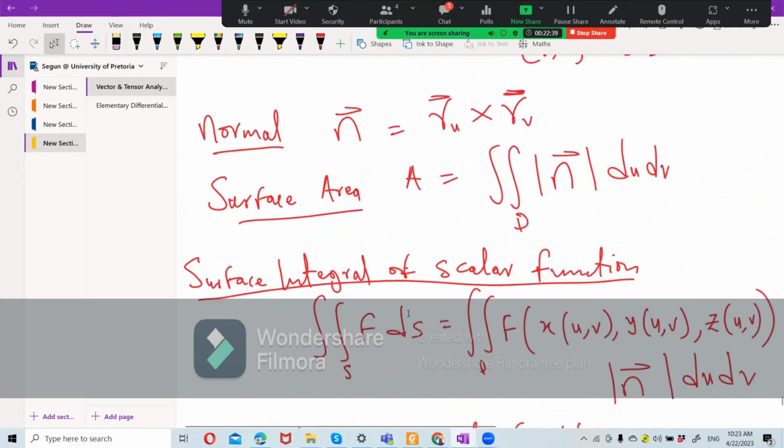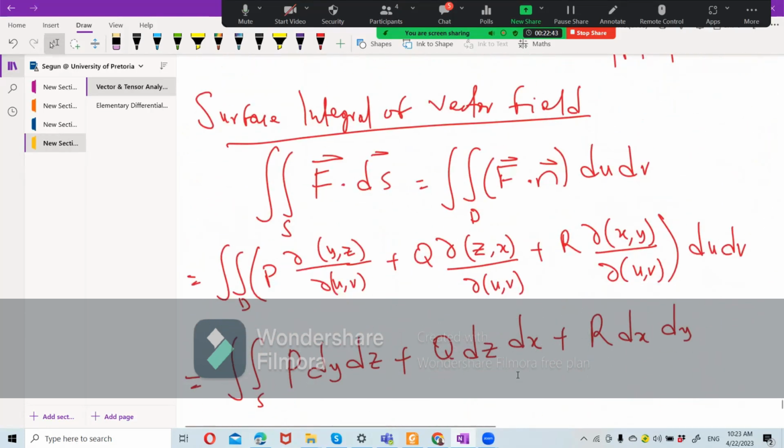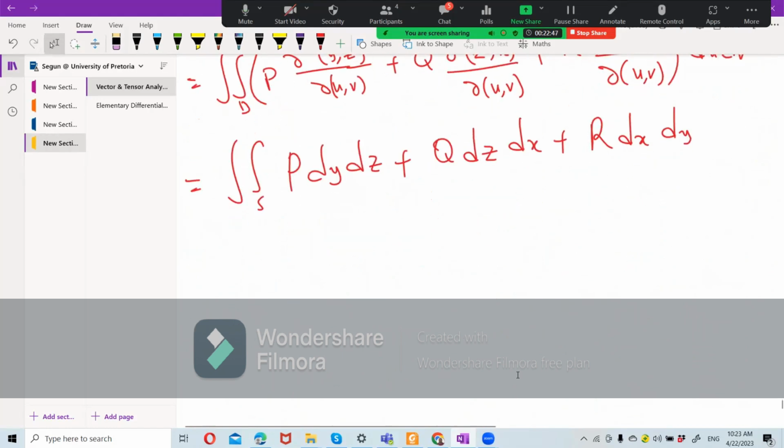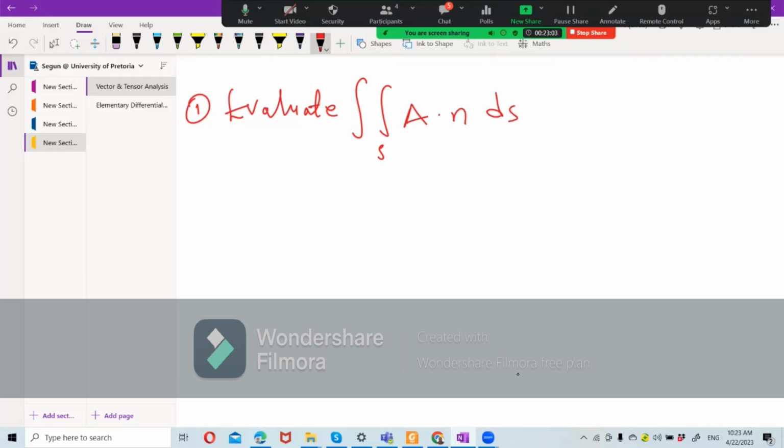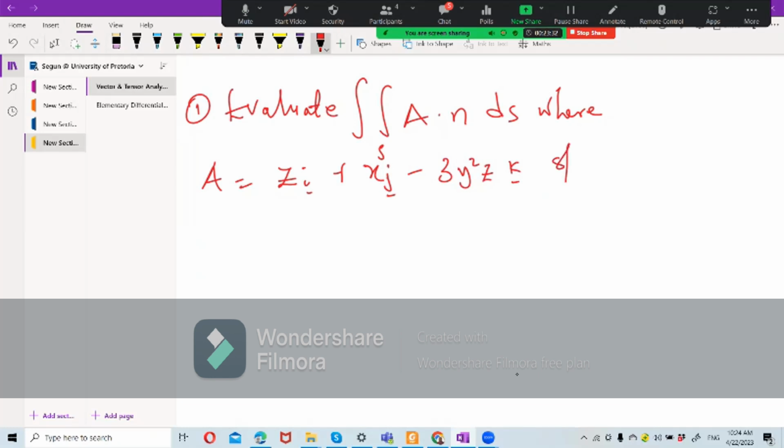Example 1. Evaluate the integral of A dot n dS, where A is equal to z i plus x j minus 3y squared z k, and S is the surface.